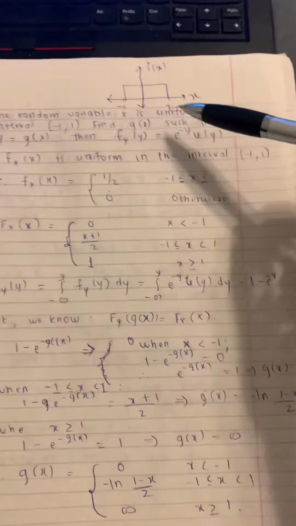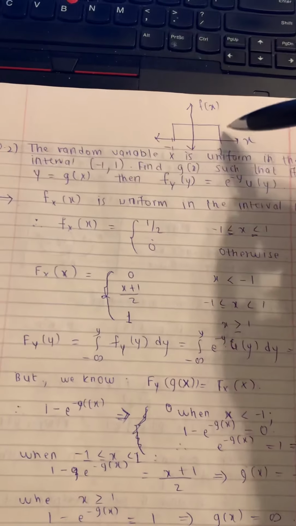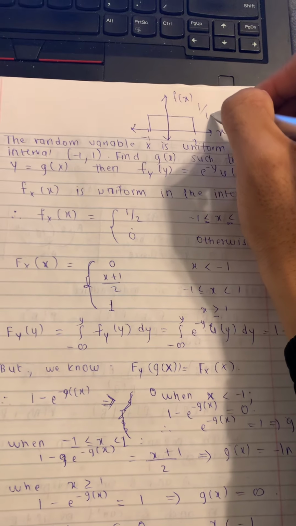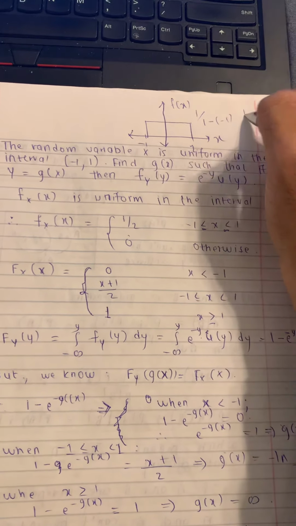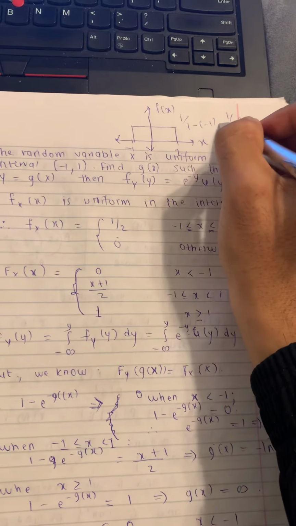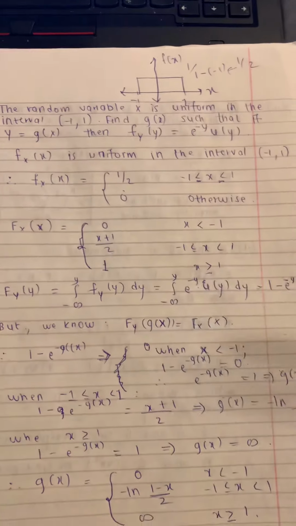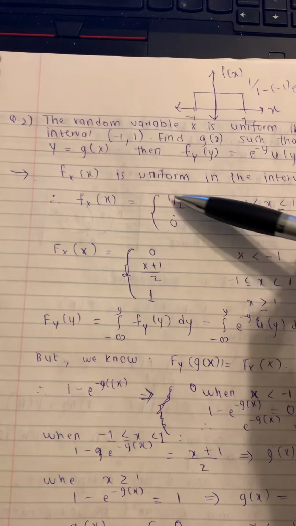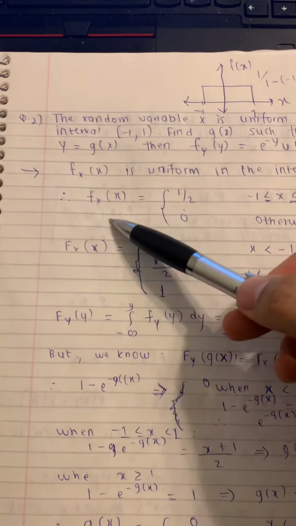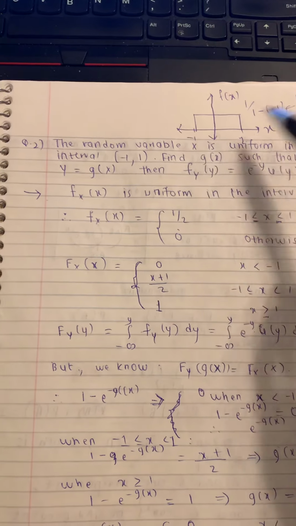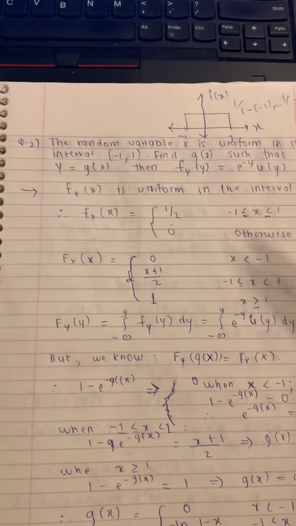And this value is given by 1 upon -1 minus -1, so basically 1 upon 2. So we write the value of f of x here: f of x is equal to 1 by 2 for x between -1 and 1, and it is 0 otherwise.